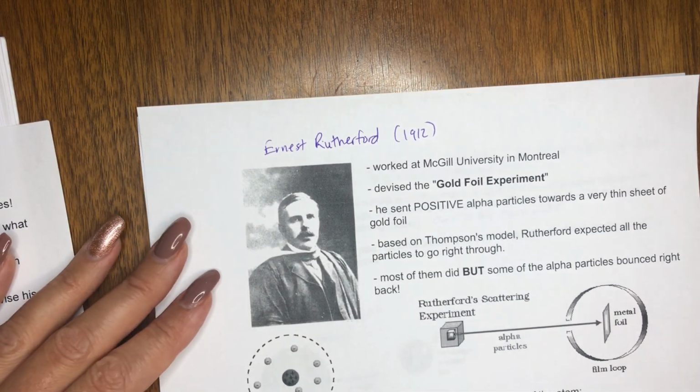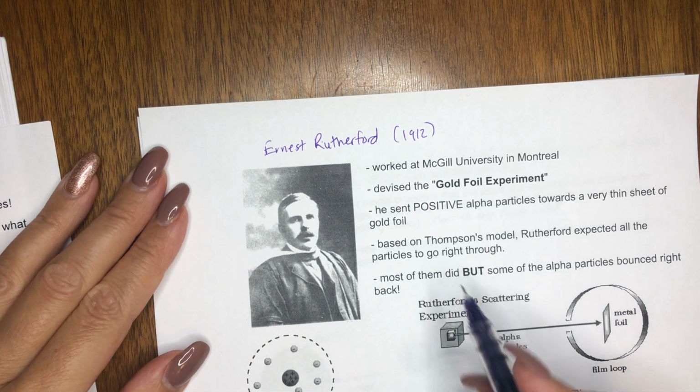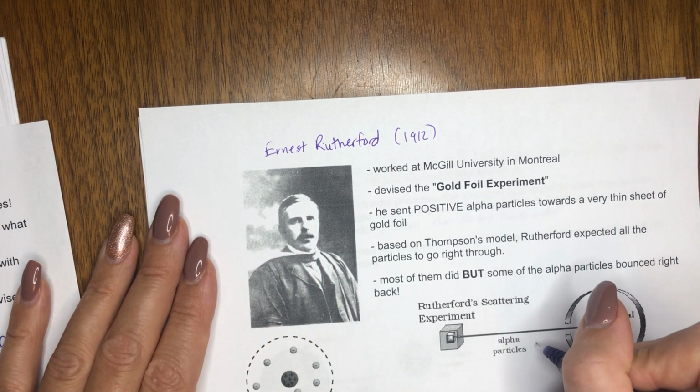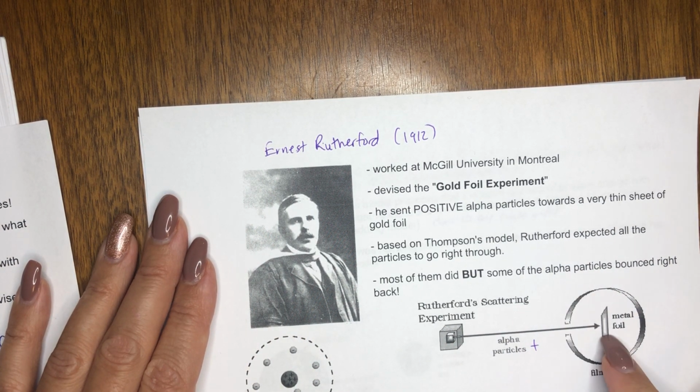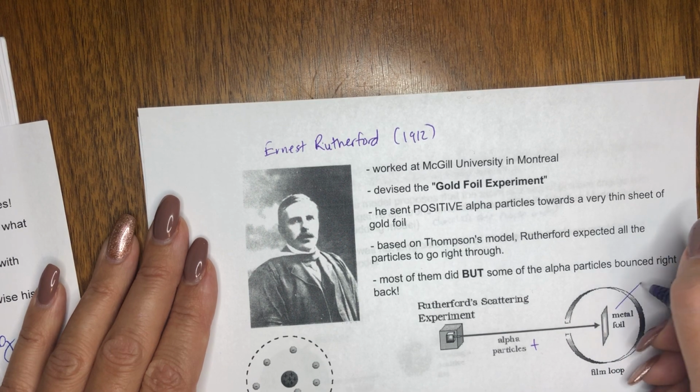He worked at McGill in Montreal, and he devised what was called the gold foil experiment, because he assumed that the Thomson model was correct. So he sent positively charged alpha particles out of here towards a very thin sheet of gold foil. This is our gold foil.